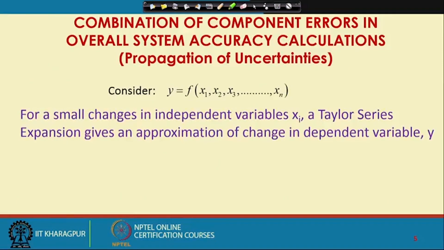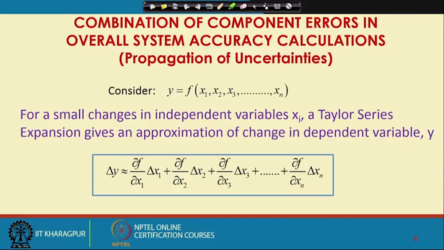For small changes in independent variables x i, a Taylor series expansion gives an approximation of change in dependent variable y. So, what we mean is, if these independent variables x 1, x 2, x 3 etcetera change by small quantity, a Taylor series expansion will allow me to get an approximate change in the dependent variable y, which can be computed as this.